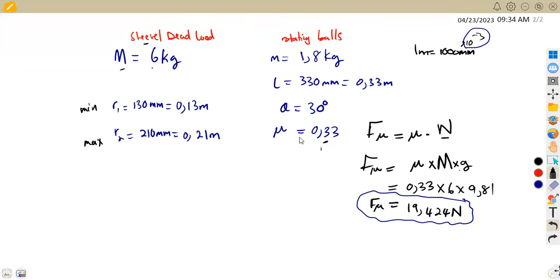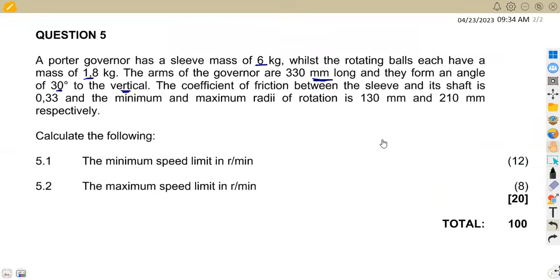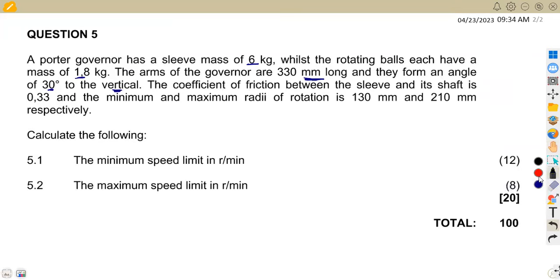What is the use of all this information? Okay, the question is, from this information that we have, calculate the following. That is the minimum speed limit in revs per minute and the maximum speed limit in revs per minute. So we are to calculate N1 and N2 in revs per minute.